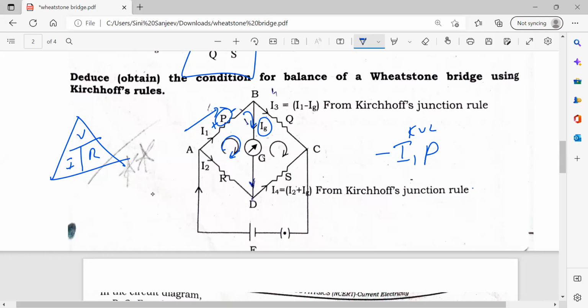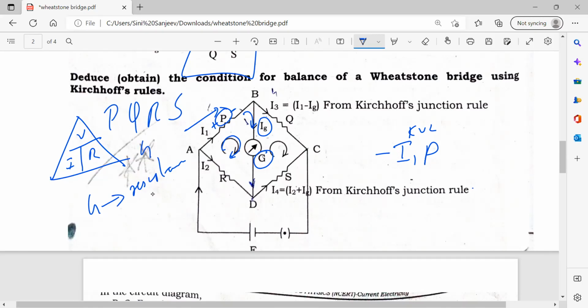Only IG is used for that. Now here we also have something called G. This capital G is also called galvanometer resistance. So which are my resistances? P, Q, R, S and G.